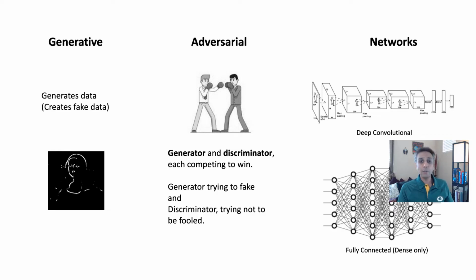Okay, so now that we know what generative is, what adversarial is, and what network is, let's go down and let me explain the architecture of these GANs. So for every GAN, you supply a random seed. It can be one-dimensional, it can be two-dimensional, but you supply a random noise or random seed or latent vector.